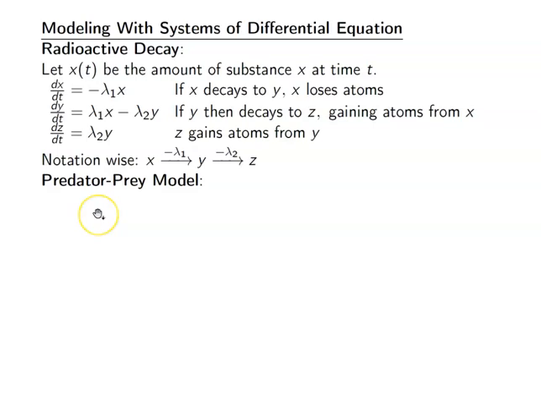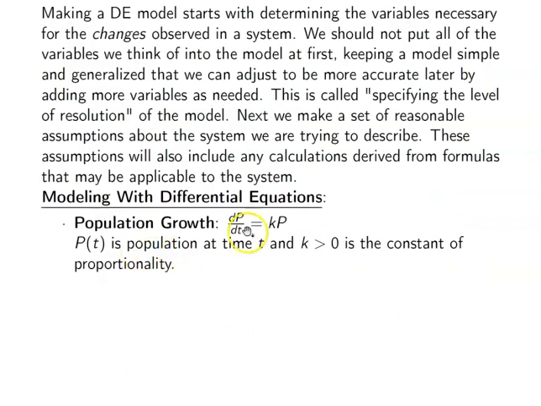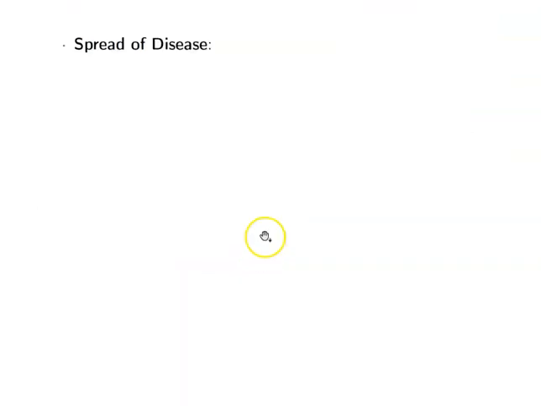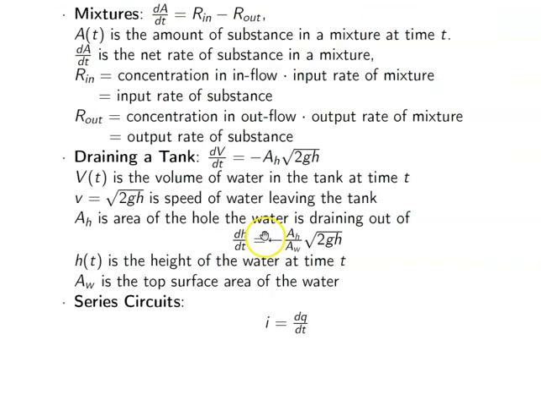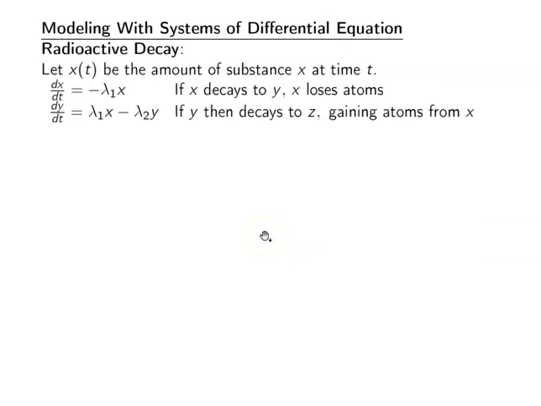Then we have what's called the predator-prey model. So this is very, very similar to our population growth, which again, we've seen a similar form of that show up quite a few times here.